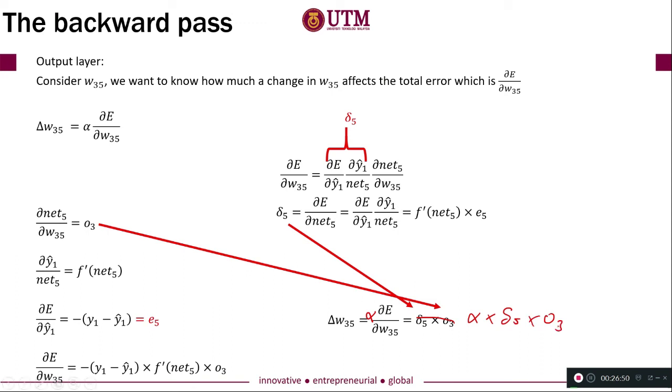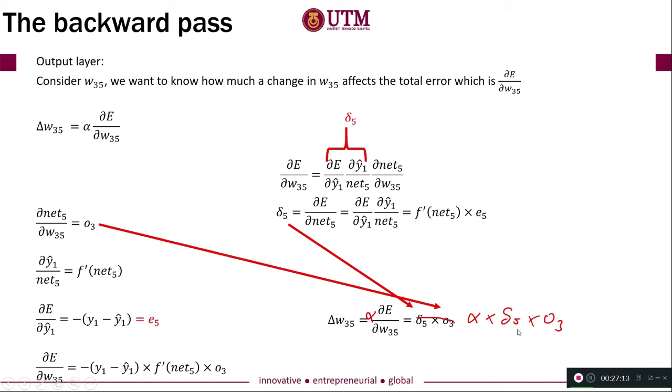So in other words, to find the update of W35, you can simply multiply your learning rate with your delta 5, where delta 5 is defined as del E over del net 5, times O3, which is this one.